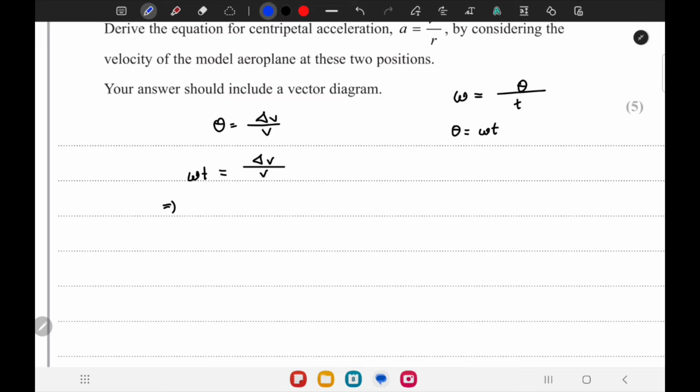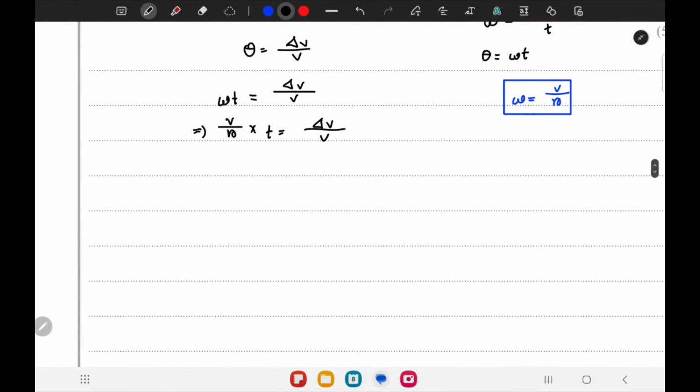Now we also know that the angular velocity is equal to the velocity divided by r. We can use this. So v by r times t will be del v by v. Now we can move the t over here, so we'll get del v by t.